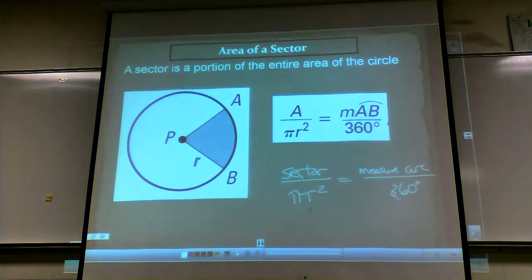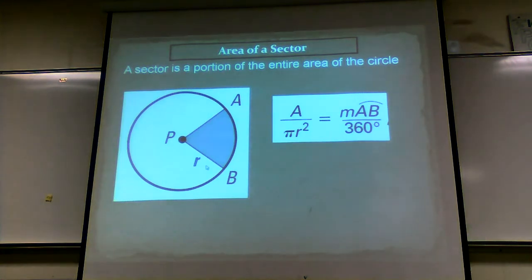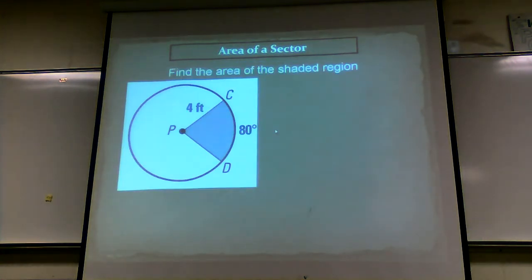Like 60 degrees, it's 1/6. So instead of doing 60 over 360, you just do 1/6. If I give you 45 degrees, it's 1/8. 120 degrees would be 1/3. These are just things that you need to get in the habit of looking for. Okay? All right, so first problem I'll do is this one.